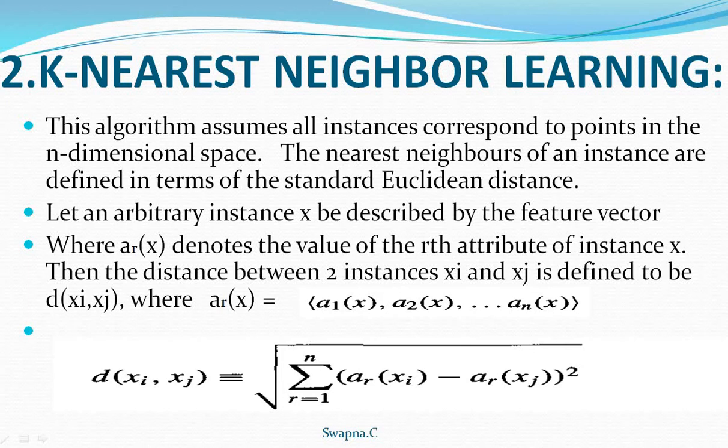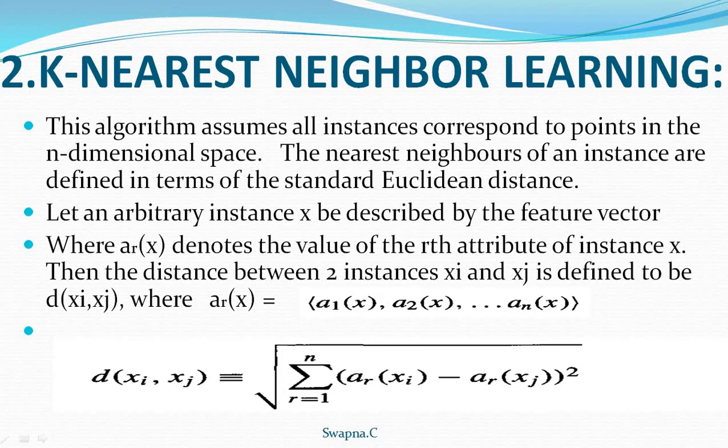Then the distance between two instances, where xi is one instance and xj is another, is defined as d(xi, xj). The attributes of a particular instance x are a1 to an, depending on how many features are used to represent that instance, written as a1(x) to an(x).